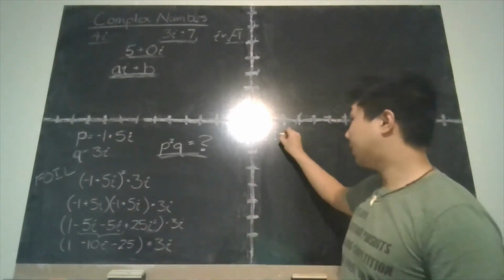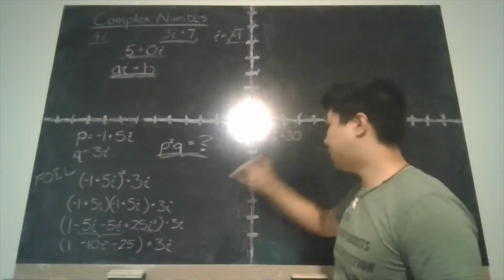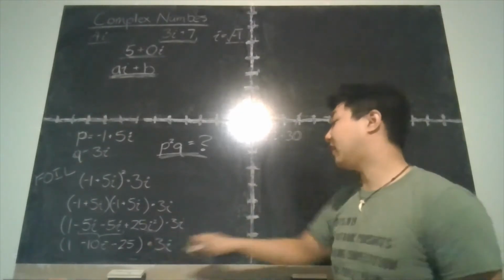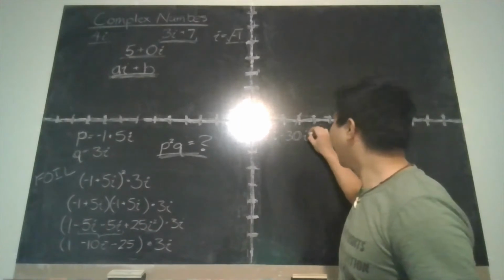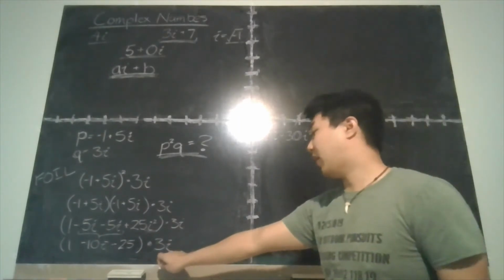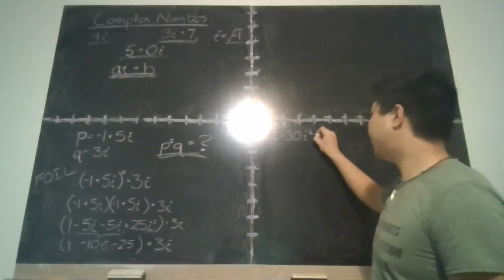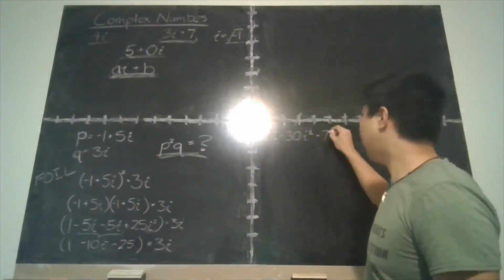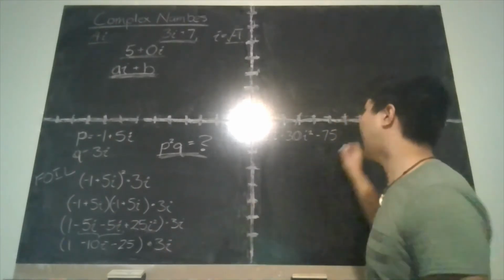So that's negative 30, because those are the two numbers that are getting multiplied, and then the i's get multiplied, so we get negative 30i squared. And then here we have 3 times negative 25, which is negative 75. And don't forget the i, because we're also multiplying by i.